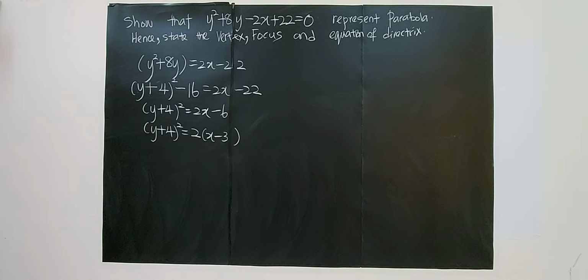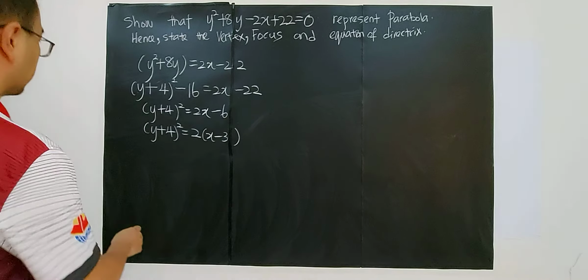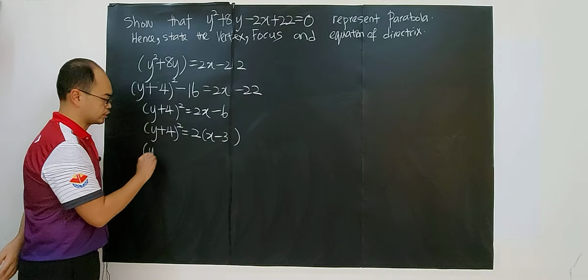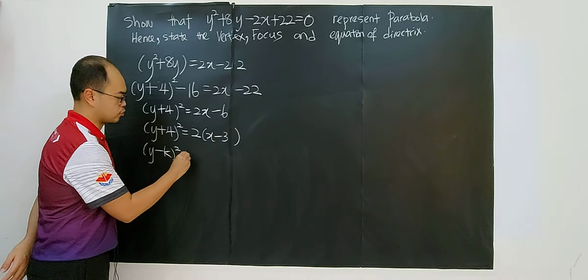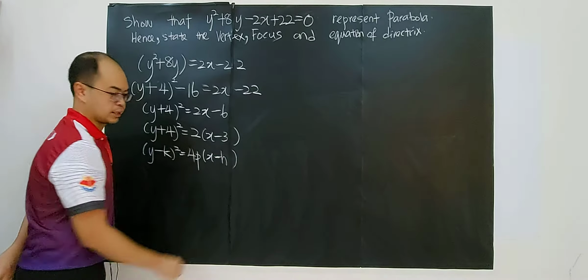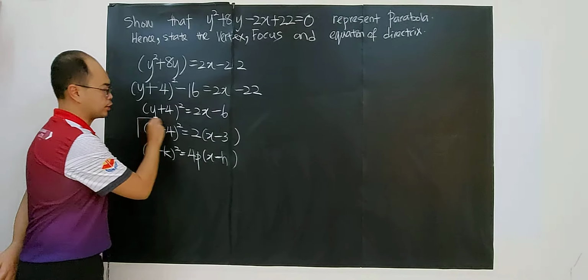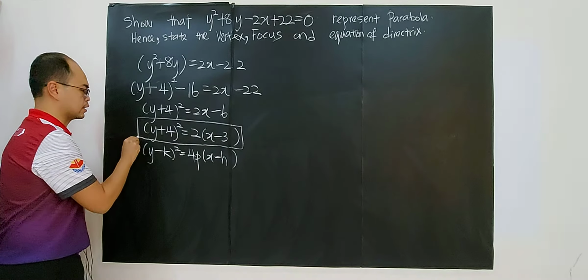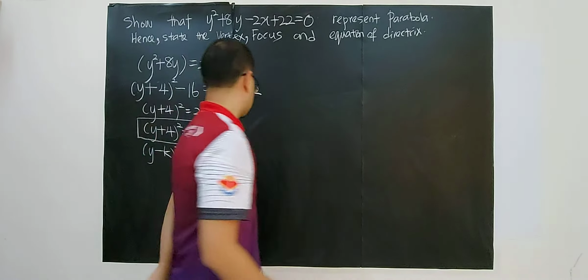Alright, so now we know that this is a standard equation of a parabola: y minus k squared equals 4p times x minus h. So from this equation, we have already shown that this is a parabola.